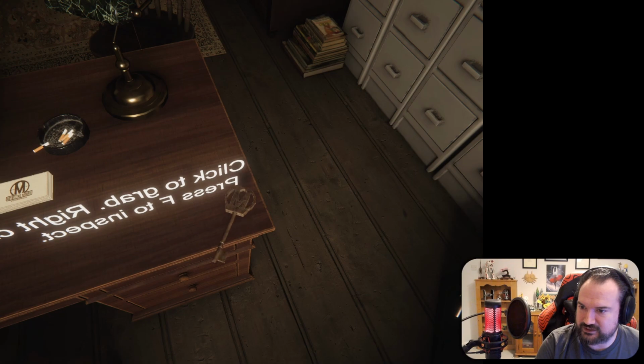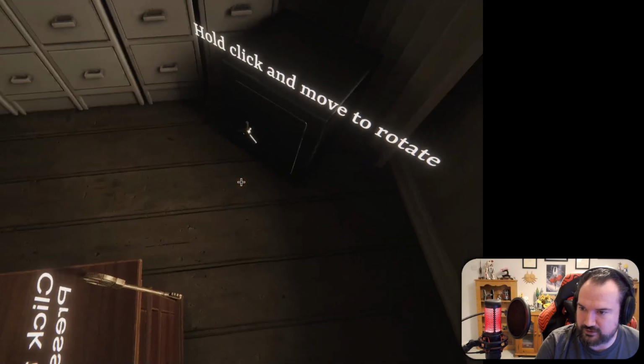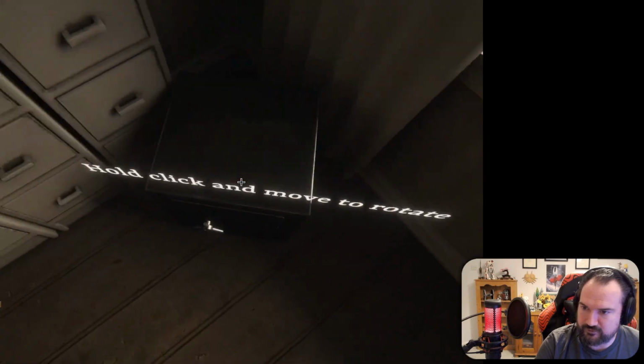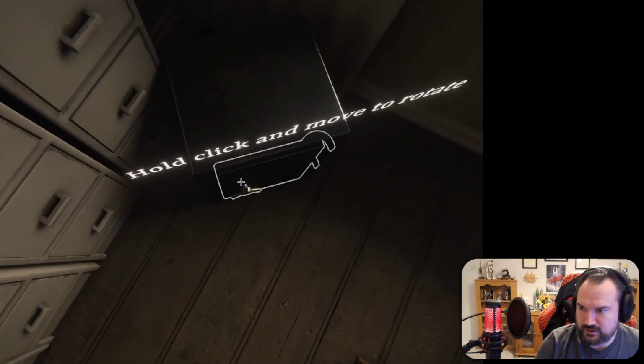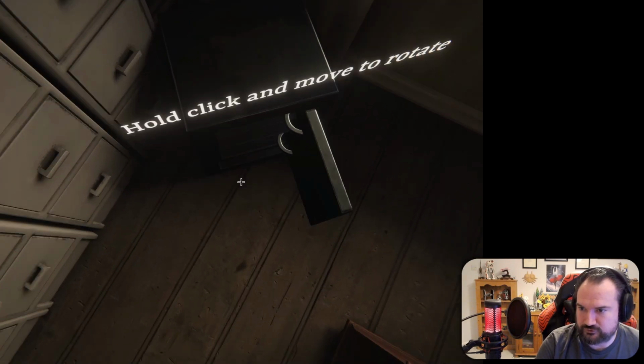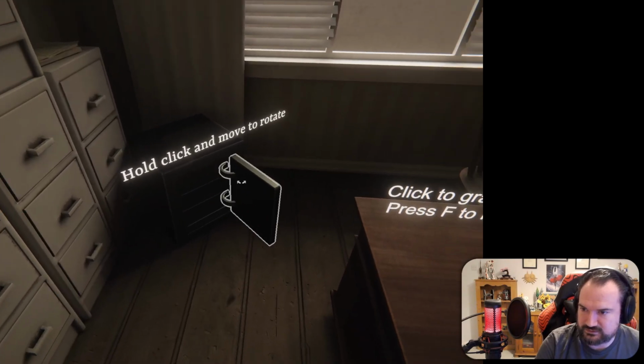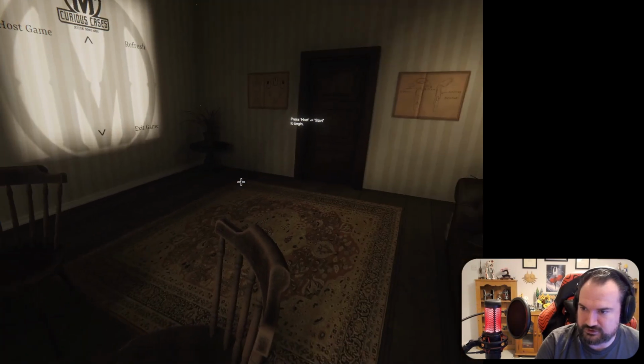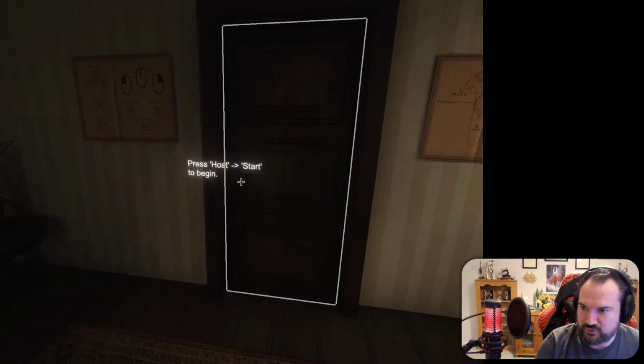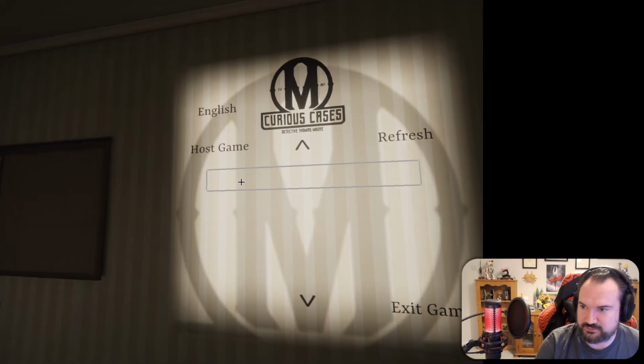It's going to take a little getting used to having flashlight and inspect be on the same thing. But here we go. Hold, click, and move to rotate. Got it. Right. Press host and start to begin.